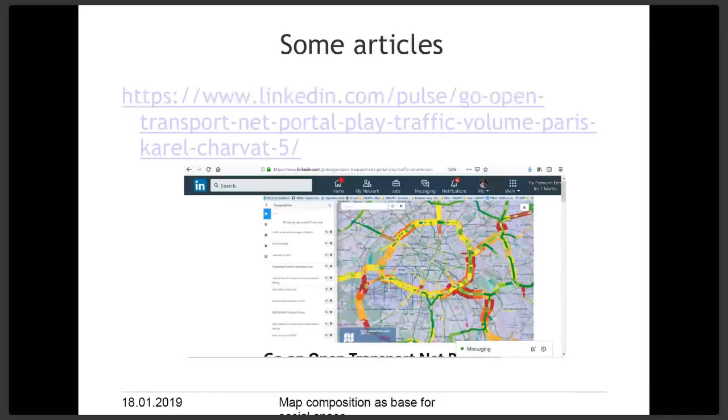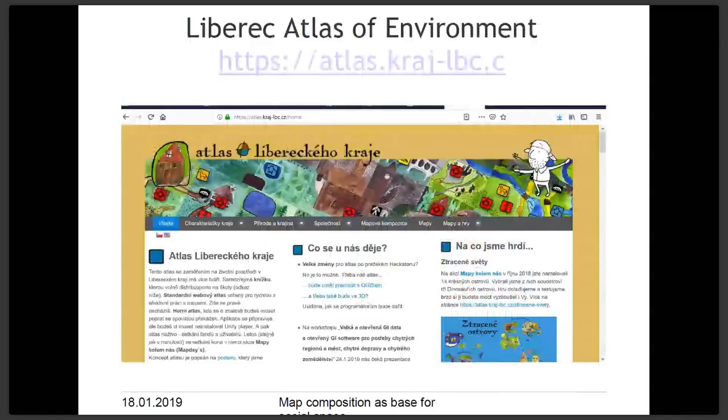And now we will go to the Liberec Atlas of Environment. This is something that is now paid for by the Liberec region and supported by Plan for All and other organizations. It is a space for children and young people, where they can learn about maps, but also about the environment, and they can also use some games which help them understand environmental problems.